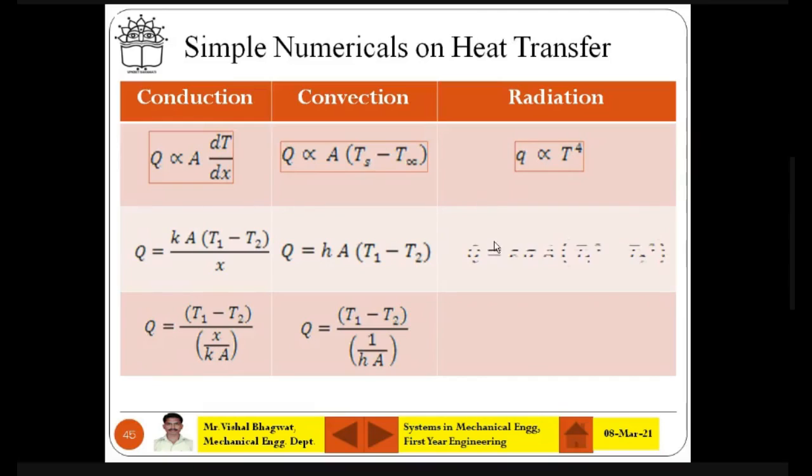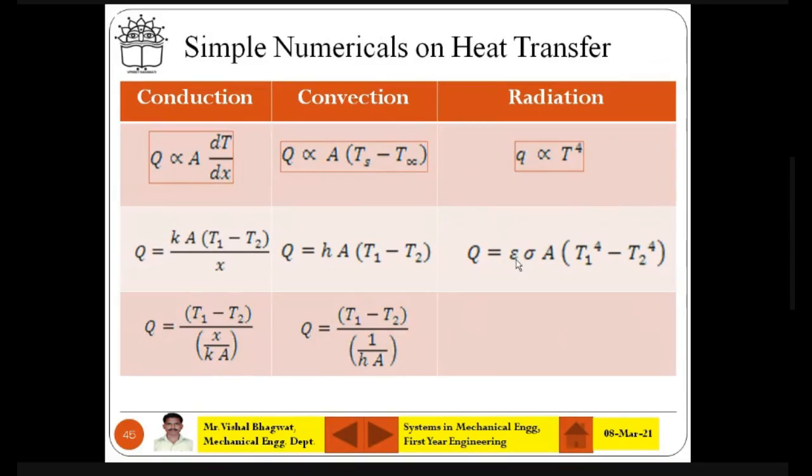Then the constant of proportionality is epsilon, for a gray body or any other body. It is for comparison. When you want to solve the problems, you have to take the ratio, emissivity.